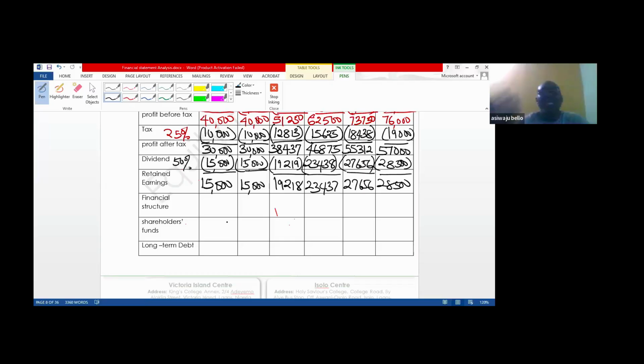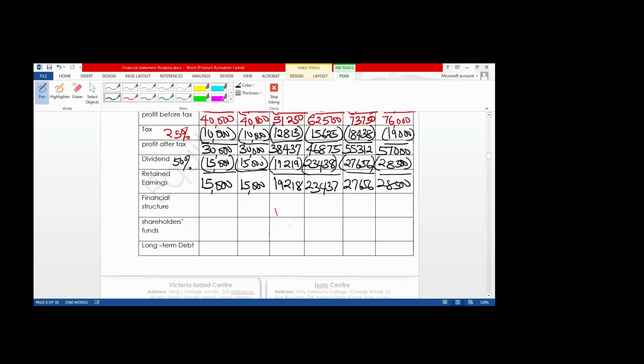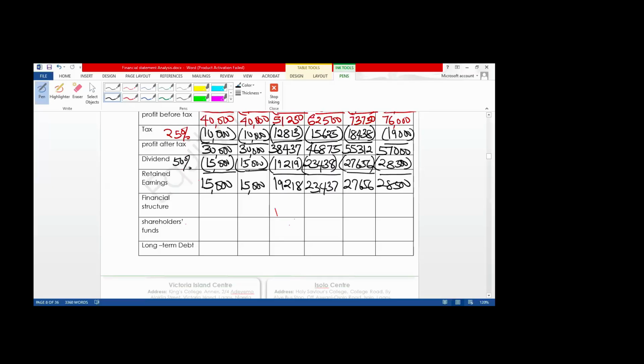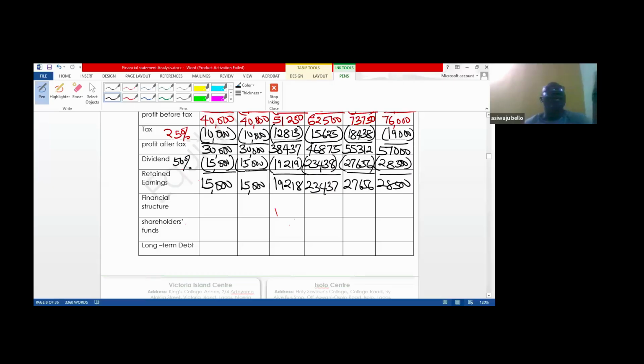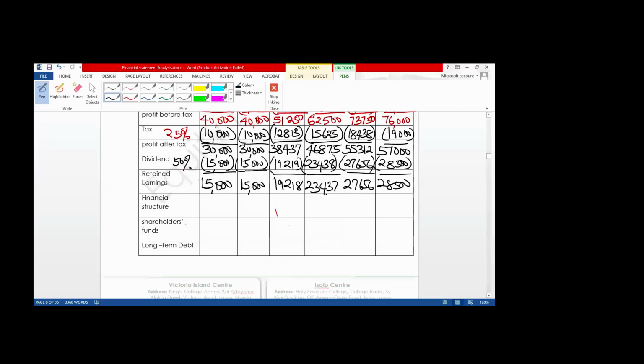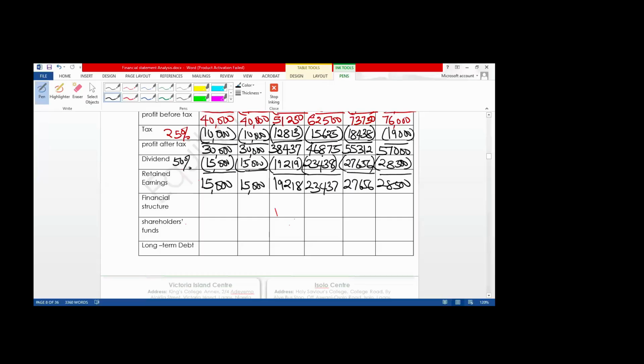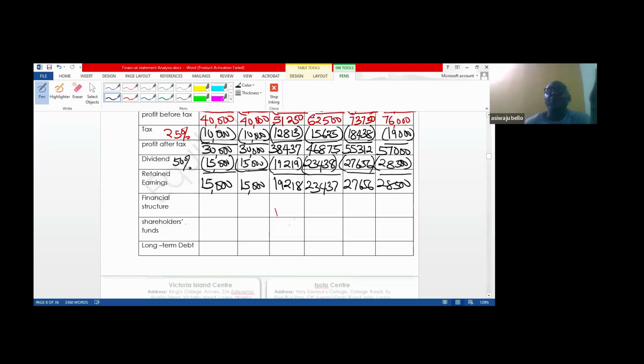Less 46,875 on this and give us the figure. This was approximated because you have rounded up. So what you are deducting, 46,875 minus 23,438. It's correct. We have gotten our retained earnings.